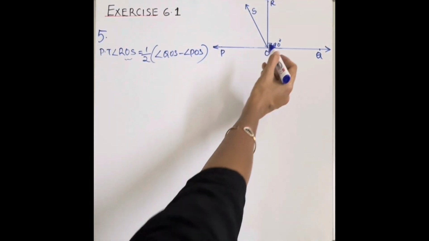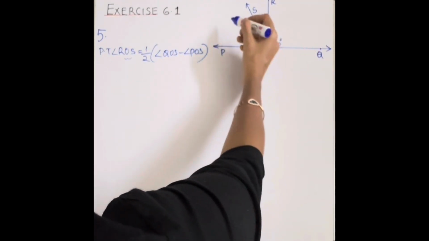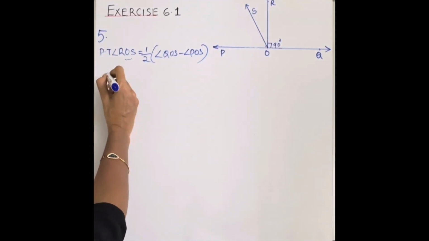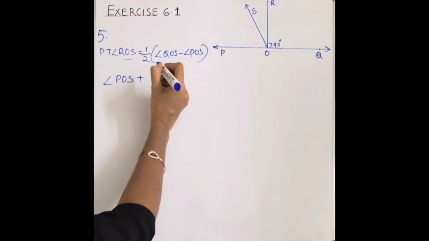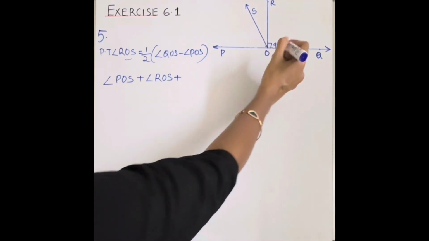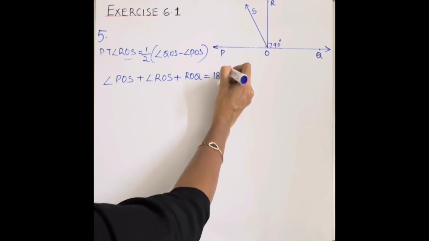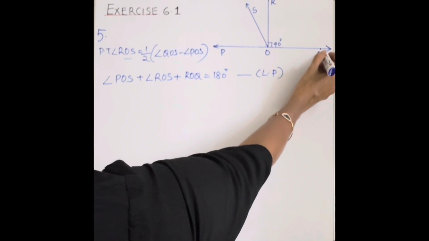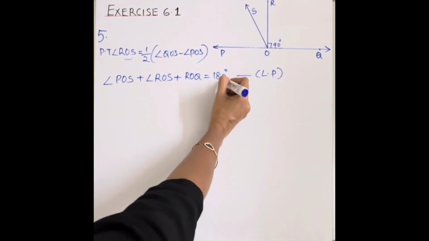So we can see from this figure that this is a line and we have these angles as the linear pair. So can we write angle POS plus angle ROS plus angle ROQ is equal to 180 degree? Yes. Why? Because this forms a linear pair. Line PQ is a straight line and all these adjacent angles together form 180 degree.